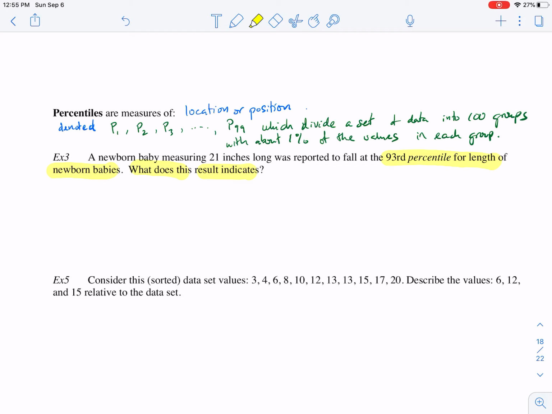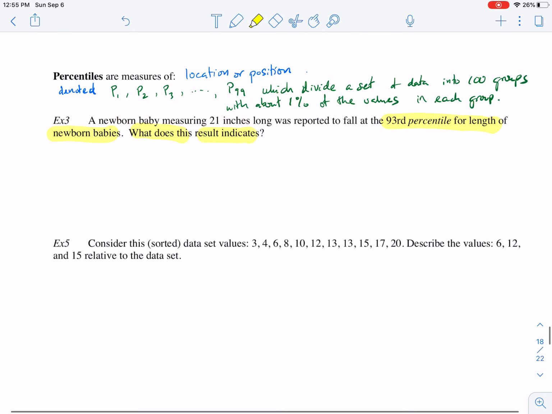Suppose your newborn baby measures 21 inches long, and that is at the 93rd percentile, and we want to interpret what that means. It's probably the most accurate and fast way to describe something for a large data set, but it may not be as straightforward for some of us to understand what 93rd percentile means.